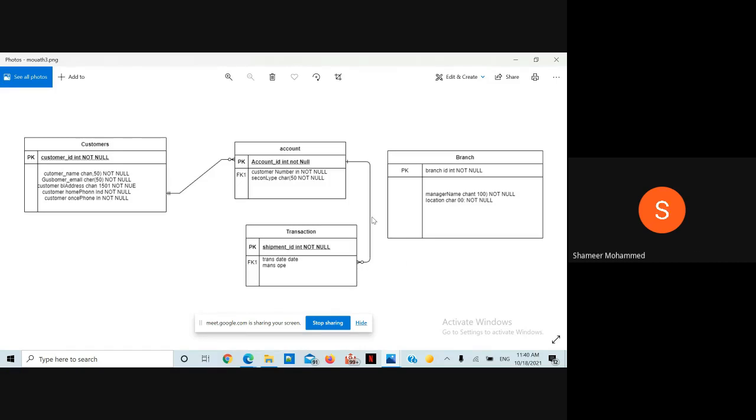This I told you, the branch and transactions, you have to connect it. You are not connecting, there is no connection between the branch and account. Okay, okay. The same mistake Khalid did in this one. You are showing the same here also.